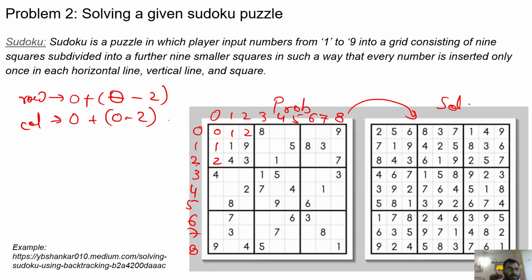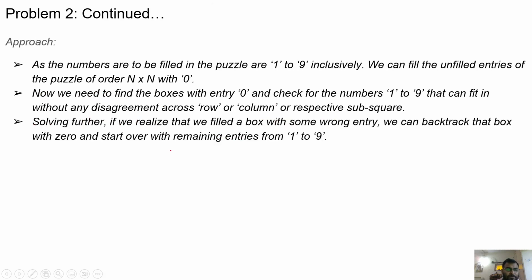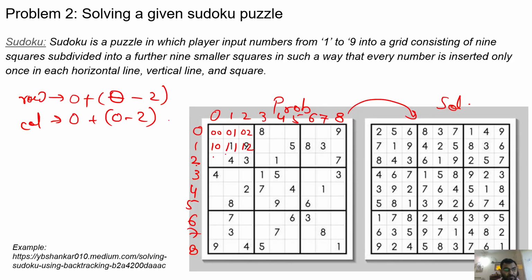If we write it in row column form, this is 0 0, 0th row 0th column, 0th row first column, 0th row second column, first row 0th column, first row first column, first row second column, then second row 0th column, second row first column, second row second column, and so on.